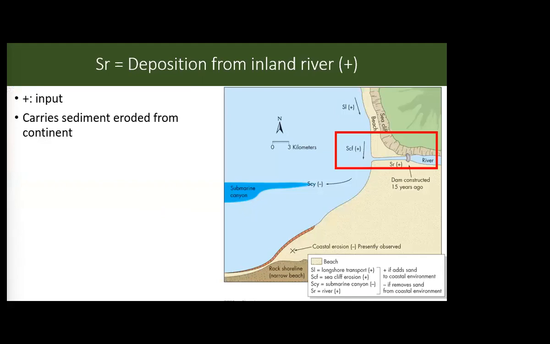All right, so obviously rivers eventually run into the ocean too. So rivers, remember, carry all of that sediment in suspension, sometimes in the bed load where it just rolls along the river bottom. So we're going to get an input of sediment from river systems. So that's a positive sediment budget.